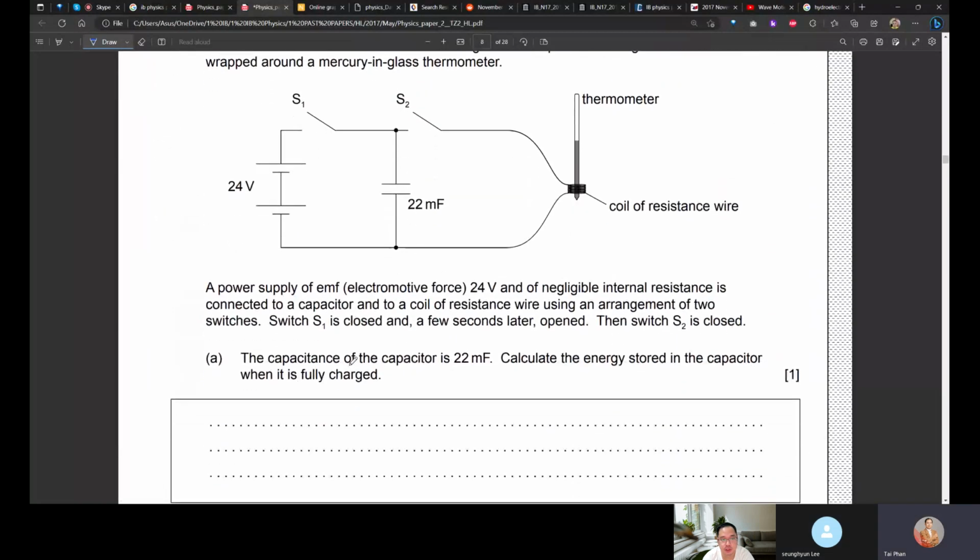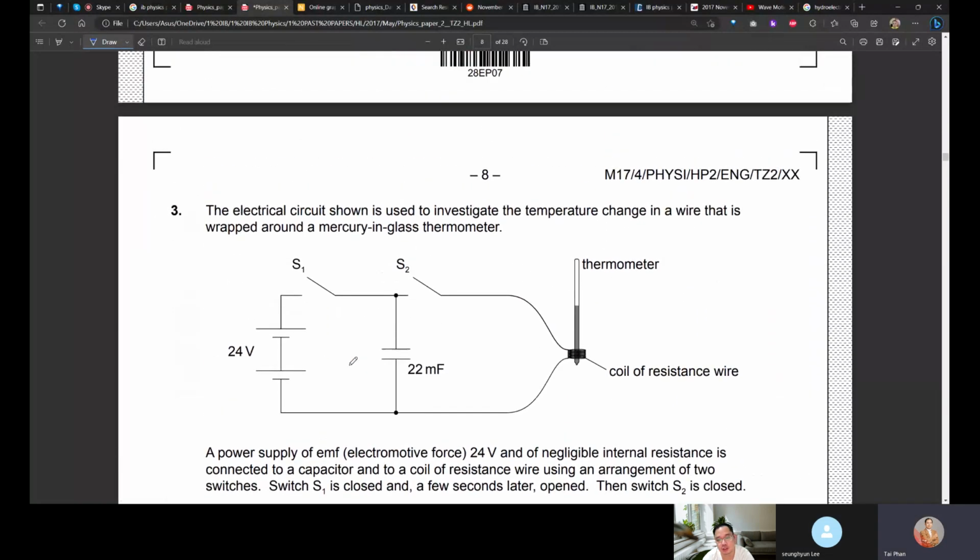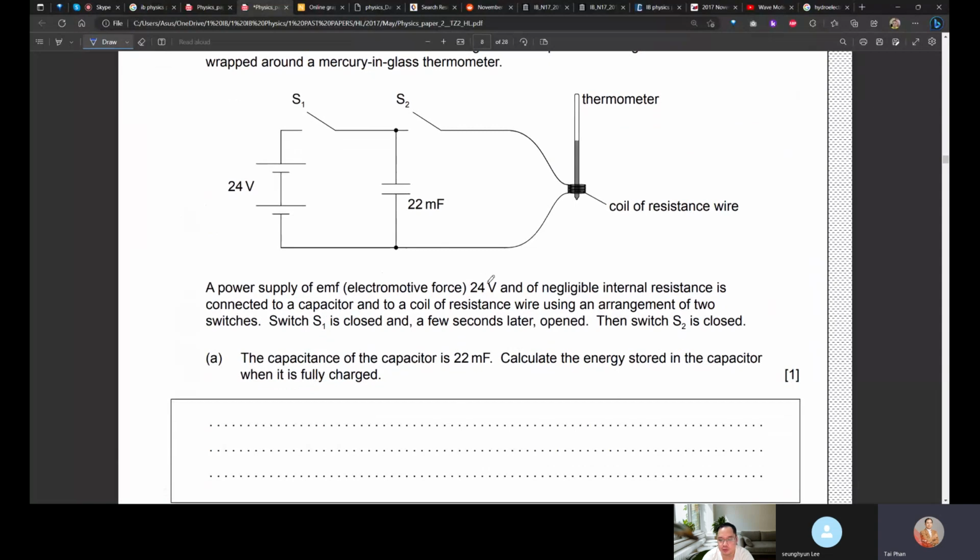Question 3. The electrical circuit shown is used to investigate the temperature change in a wire wrapped around a mercury glass thermometer. A power supply with EMF 24 volt and negligible internal resistance is connected to the capacitor and the resistance wire using an arrangement of two switches. S1 is closed and a few seconds later opened.